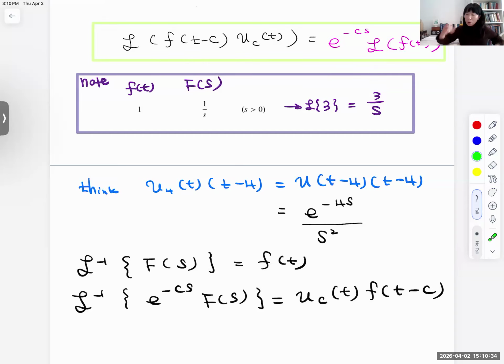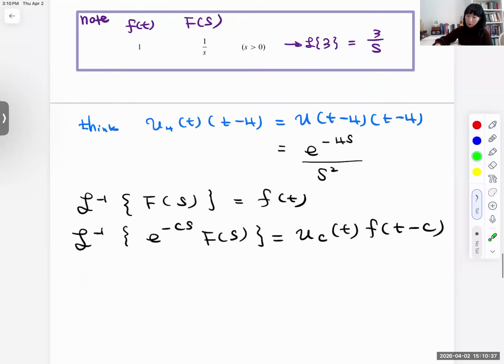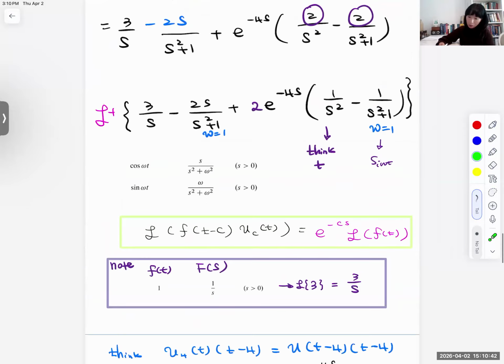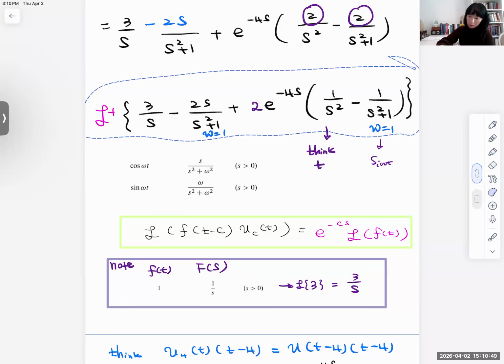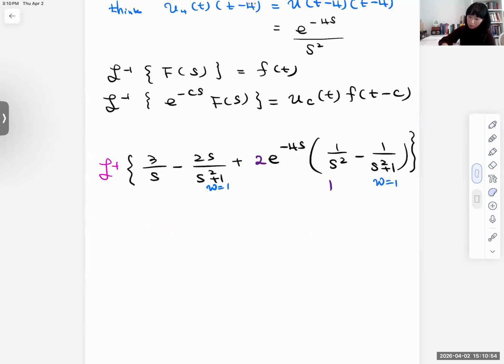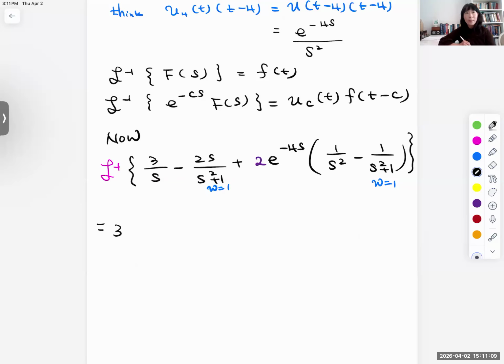Okay, now, so all together, we are going to use that. One more time. Now equal to, right? So 3 for the first term, yeah?